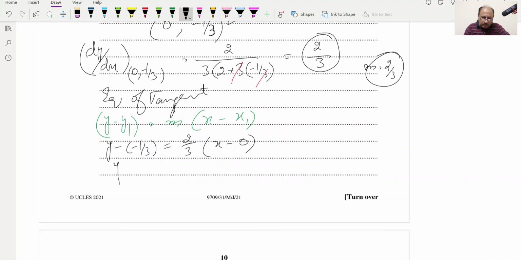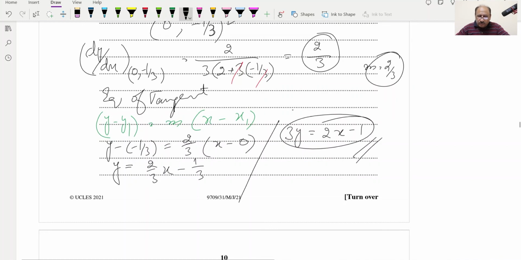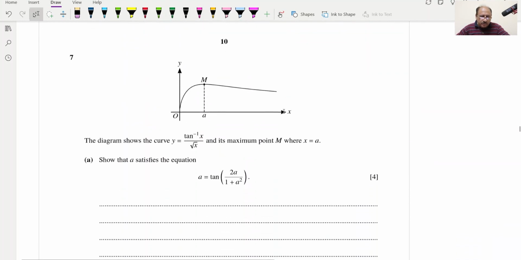So our equation will become y is equal to 2 by 3x, and this will be minus 1 by 3, and we can multiply everything by 3. So we'll get 3y is equal to 2x minus 1, and this will be the final equation which we were supposed to find. Hopefully you understood this.